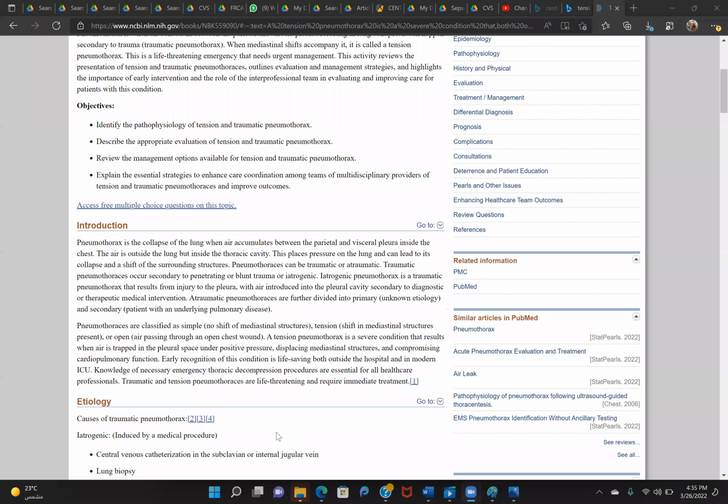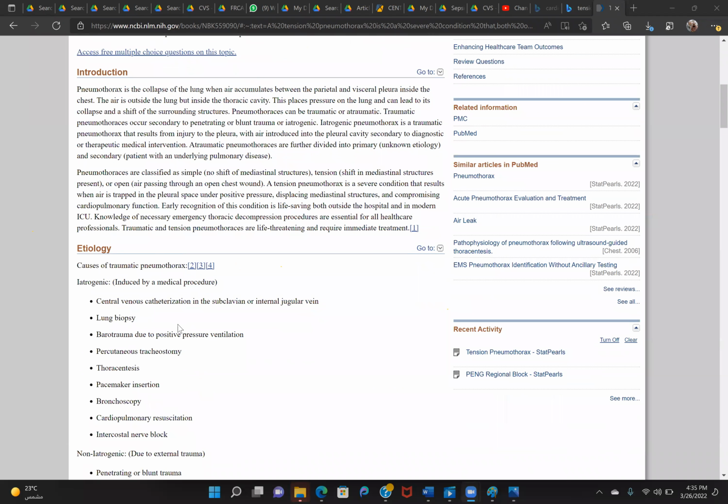And then it will be combined with cardiovascular collapse. And among the causes, if you have done a procedure, it can cause tension pneumothorax. Usually it will be a simple pneumothorax, but it can be converted to tension pneumothorax.